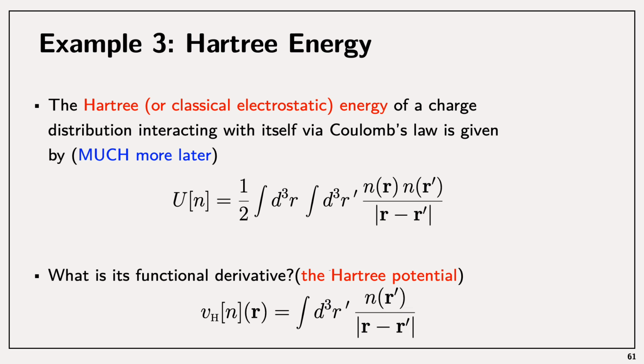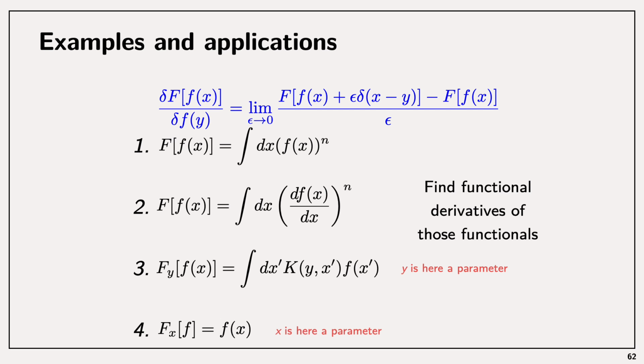Now, the best way to understand all this is to apply this to more examples. So here I selected a few examples for you where you can calculate the functional derivatives of those functionals. So the first functional is, of course, a local functional. The second functional is not a local functional, right?